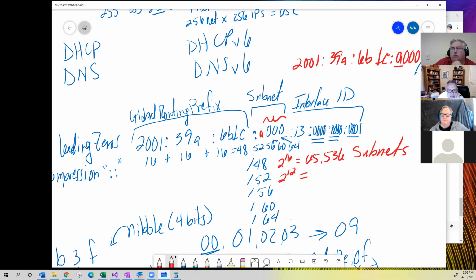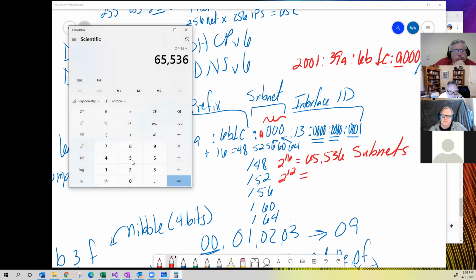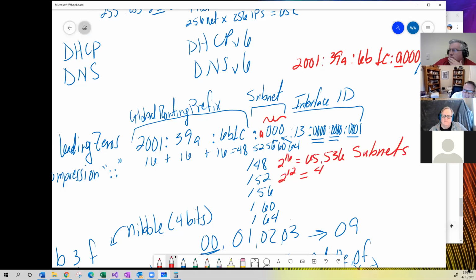And 2 to the 12 is what? 4,096. 4,096 subnets. So he could have 4,000 subnets on St. Martin's campus. That seems a little excessive. Probably will not ever hit 4,000 subnets, but that's possible.